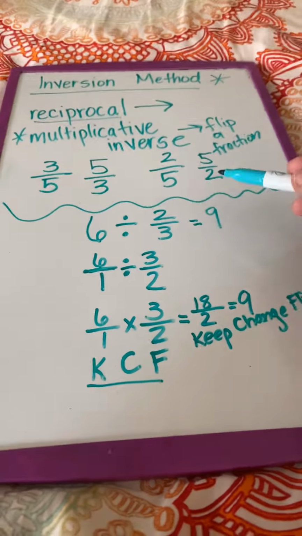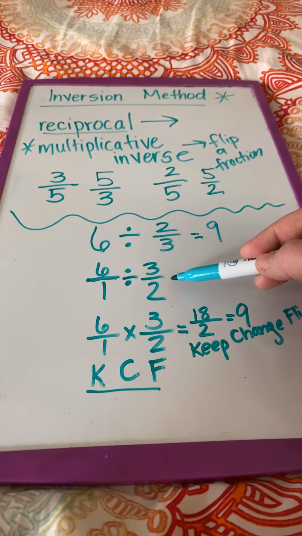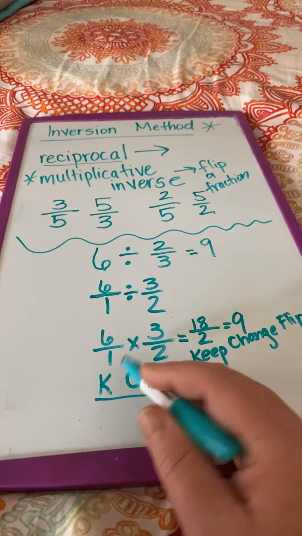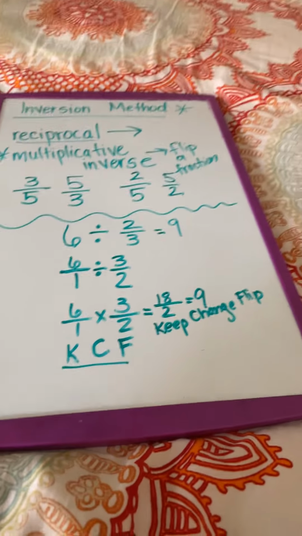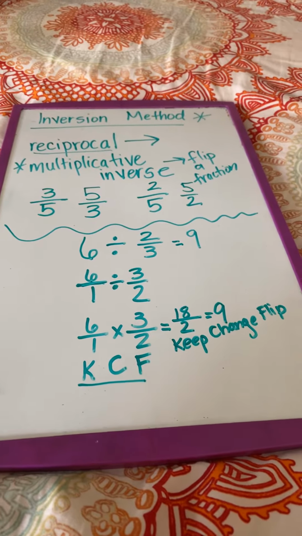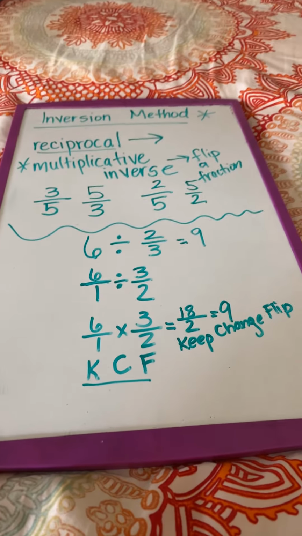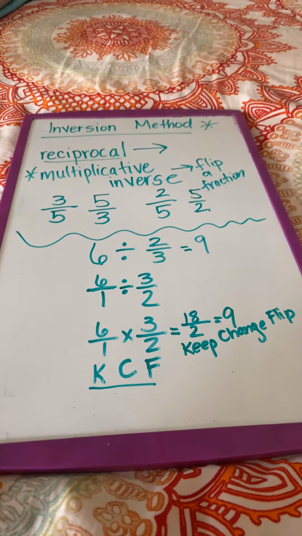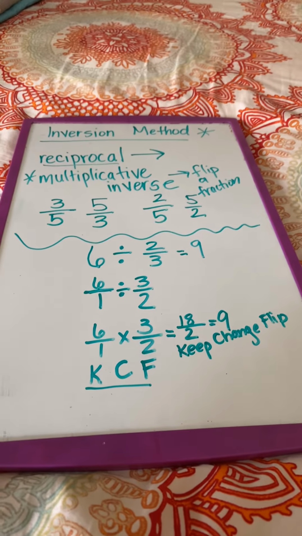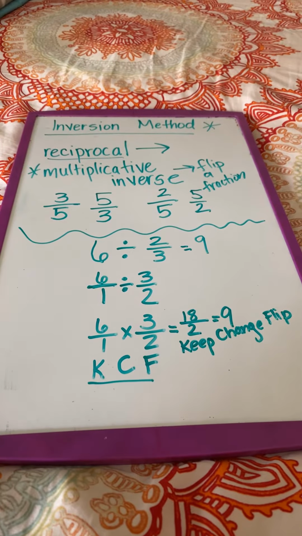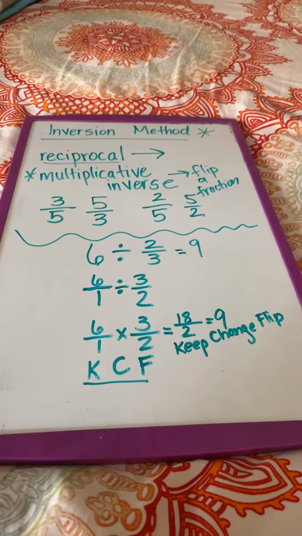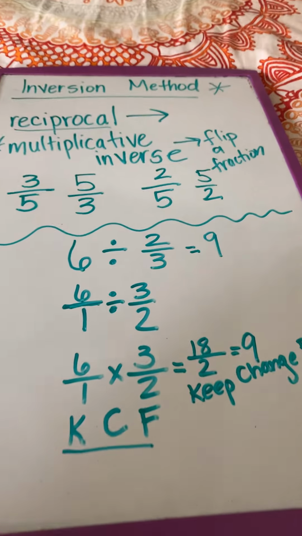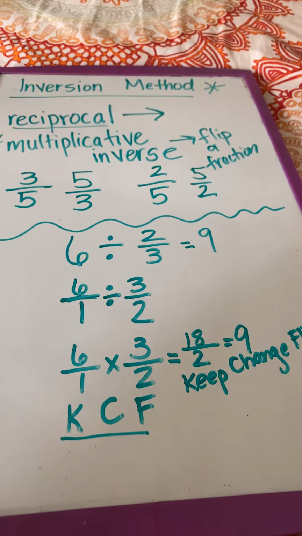First thing I did was I changed 2/3 to its reciprocal. Then I changed division to multiplication. And then I regular old multiplied. So basically, can you divide fractions? I'd say no. Because when you're dealing with fractions, you're always going to change that division sign to multiplication and then find the reciprocal of the divisor.